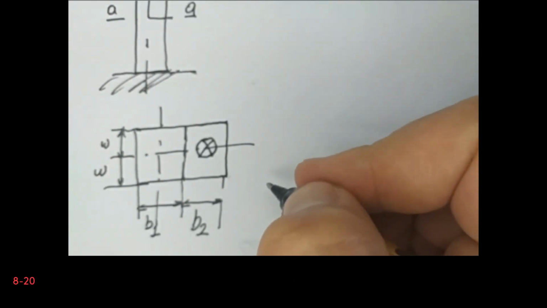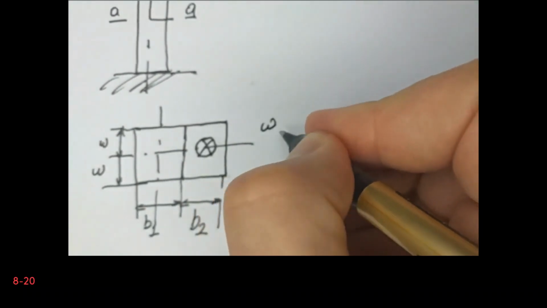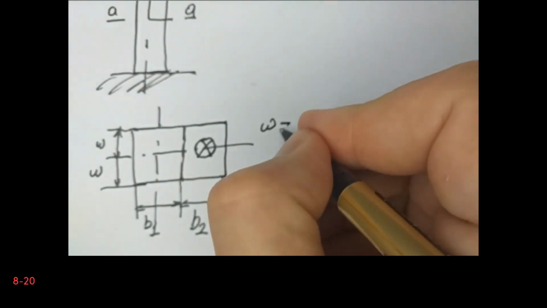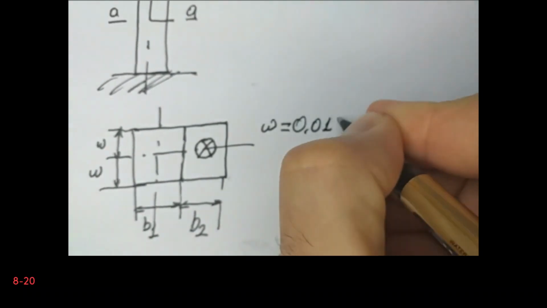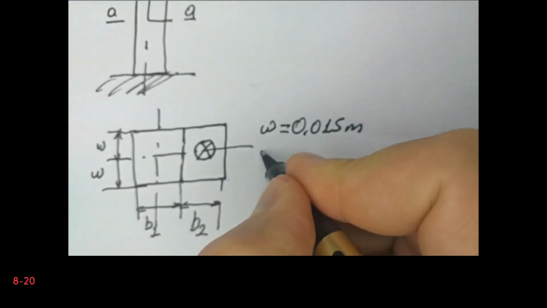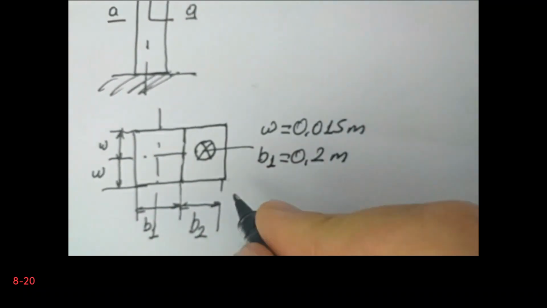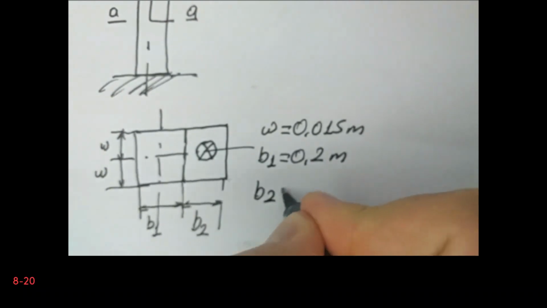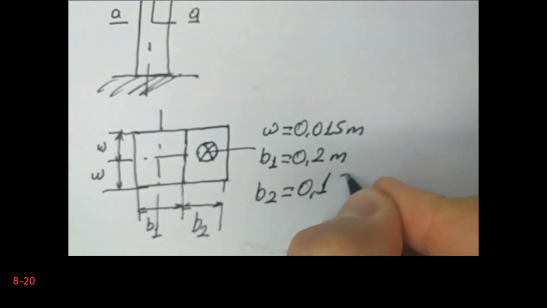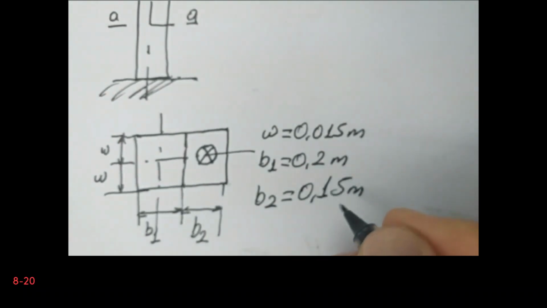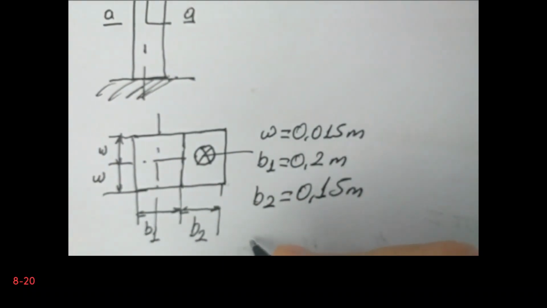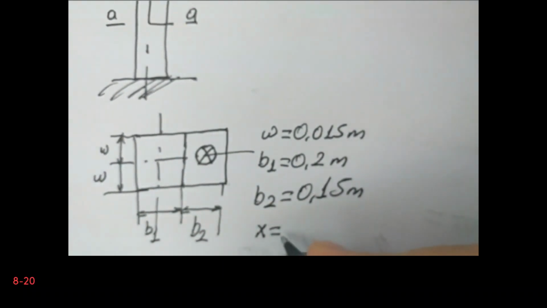So W is 0.015 meters. B1 is equal to 0.2 meters. B2 is equal to 0.15 meters, and x is given as 0.3 meters.